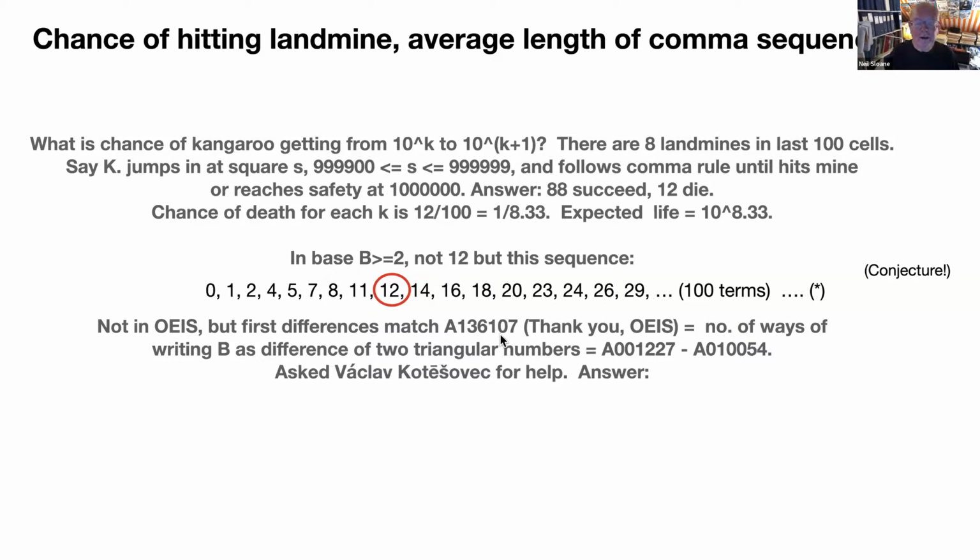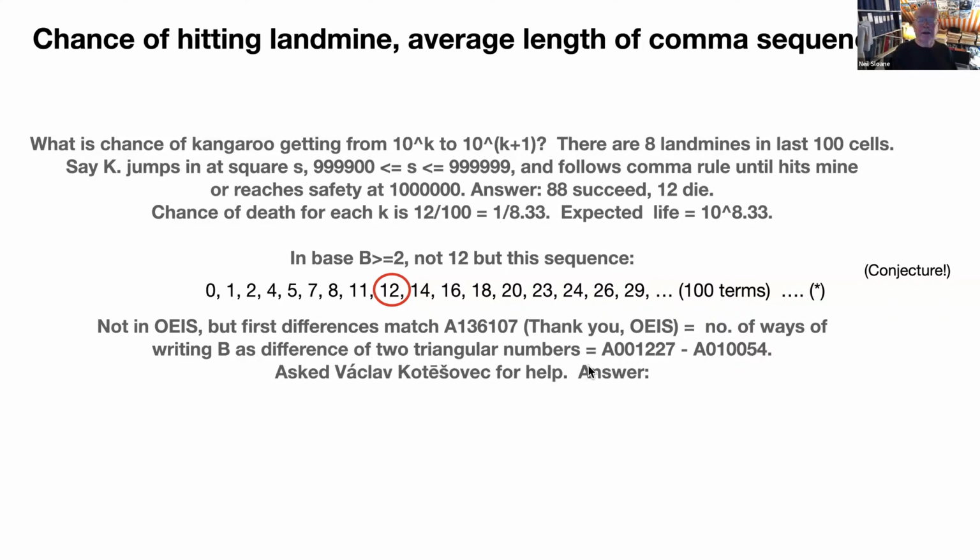A136107 has some very interesting properties. Its definition is the number of ways of writing n as the difference of two triangular numbers. But actually, I'm using B because we're looking at what happens as the base increases. So the relevance is that the nth term of that is the number of ways of writing B as the difference of two triangular numbers.